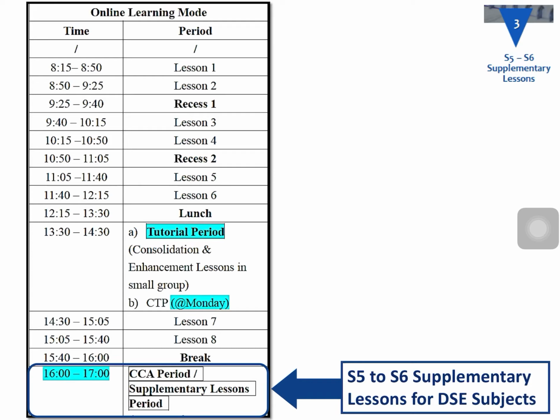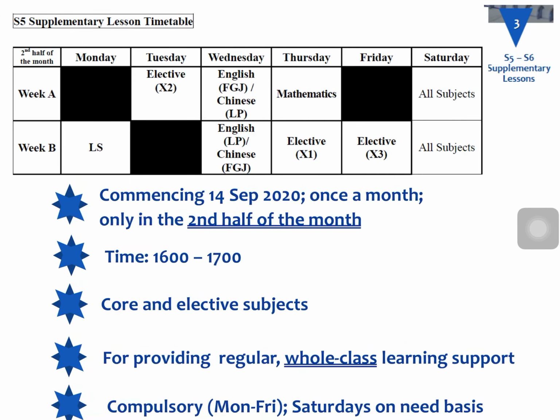For those of you who are S5, you may wish to know that the S5 subjects and the supplementary lessons will take place in the latter half of each month, so as to allow you to take part in co-curricular activities or CCA. This means that on average, each S5 student will get one session per month.